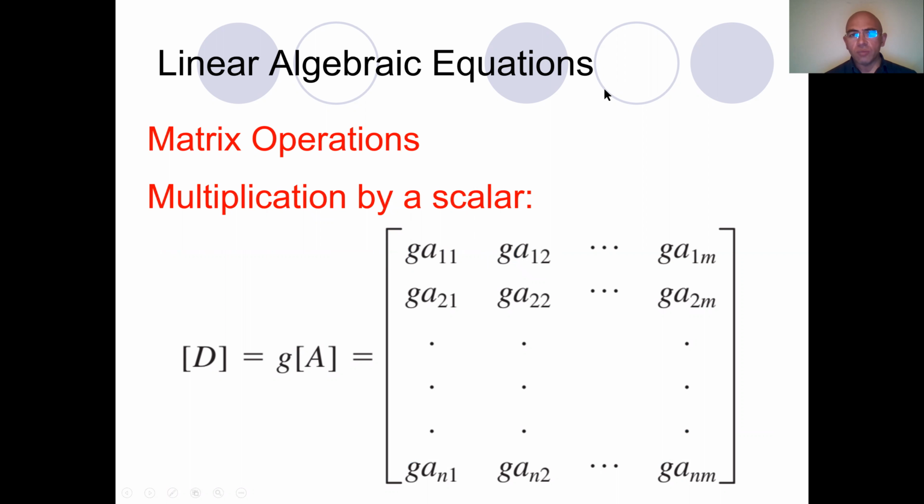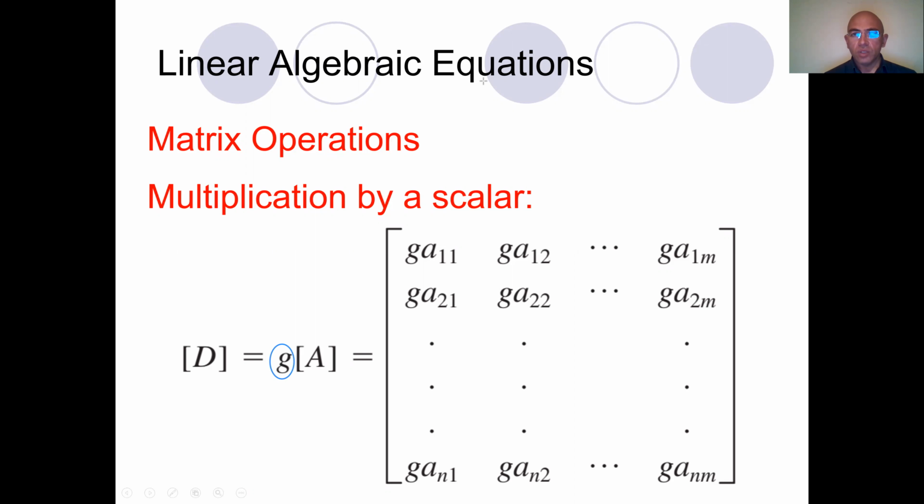Now, from time to time, we need to multiply a matrix with a scalar. In this case, we multiply all the members of the matrix with the scalar g. So this is our scalar quantity, and what we do is very simple.